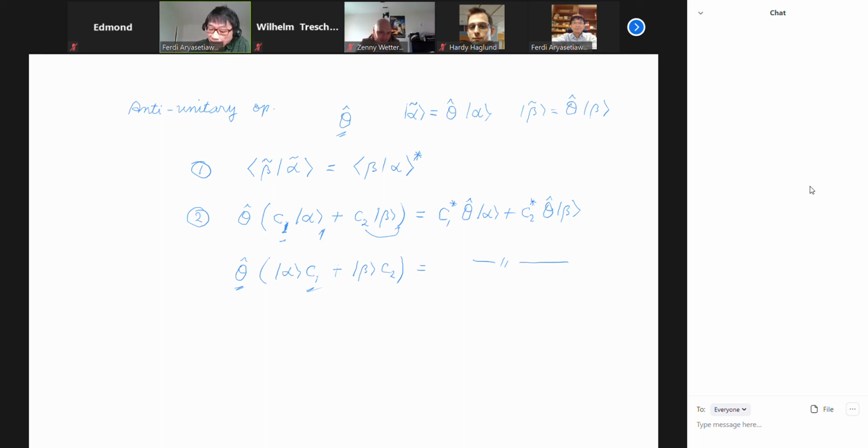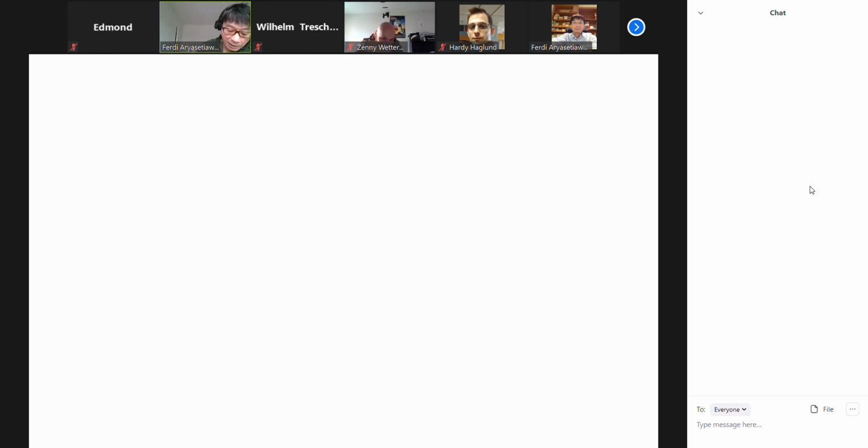Now we want to define the time reversal operator. As we just said, the naming is a little bit unfortunate, but it is called the time reversal operator. It is defined in the following way. We have the position operator, and we apply the time reversal operator, where theta is the time reversal operator. This is defined to be equal to x.